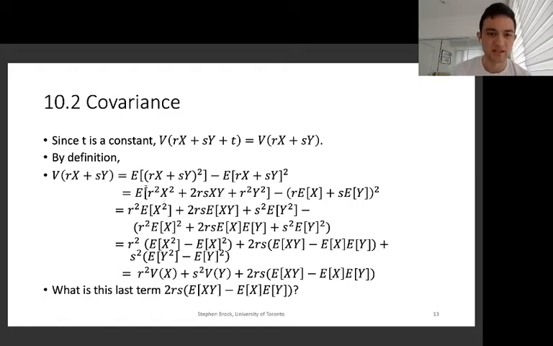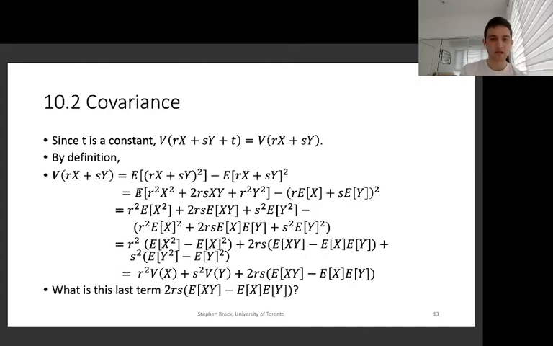All right, and so this is equal to, we can expand the first term, and that gives us R squared x squared plus 2rs xy plus S squared y squared. And for the second term, we can use our linearity of expectation, which we know. This gives us R times the expected value of x plus S times the expected value of y, and this is all squared.